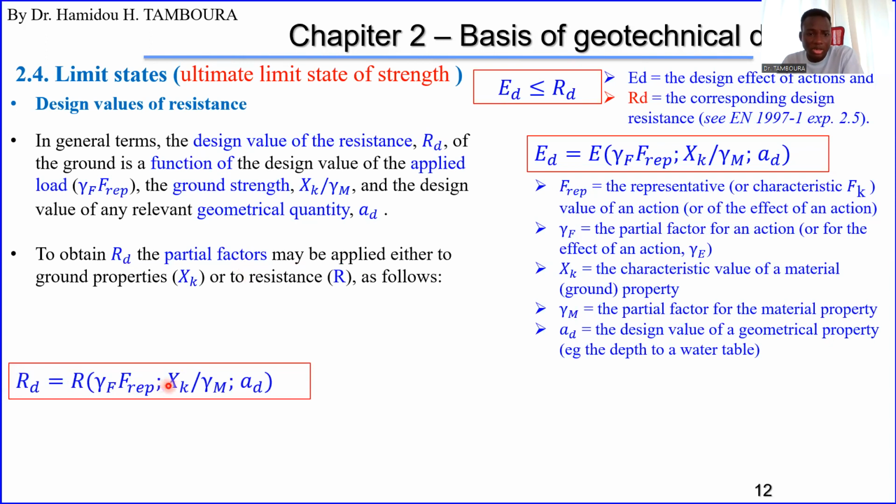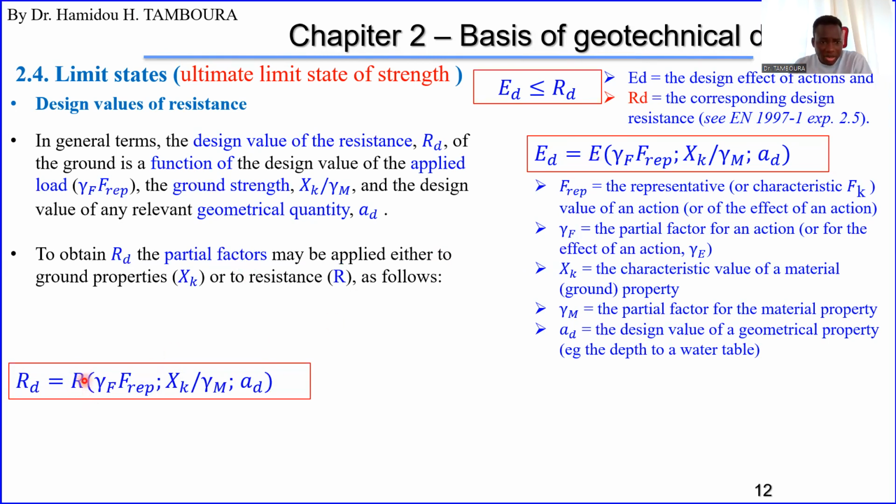This is an example. So check here, the difference is here. You have E here and you have R here. For the effect of action, we are taking the actual or calculated effect that we multiply by some partial factor.